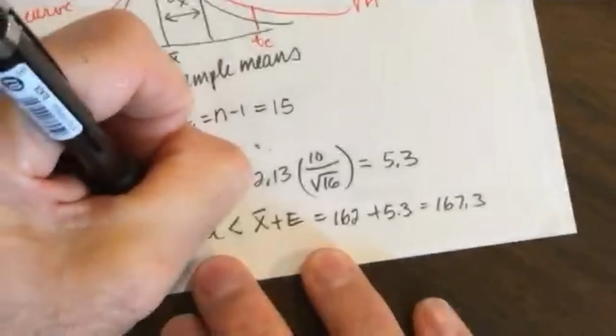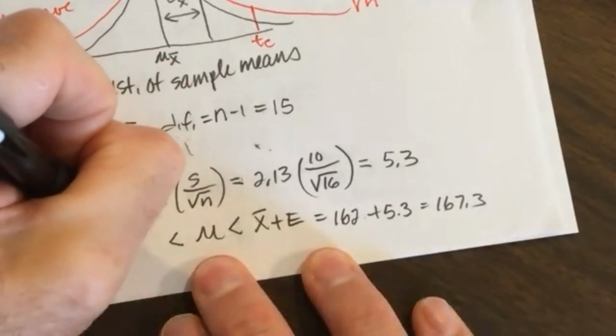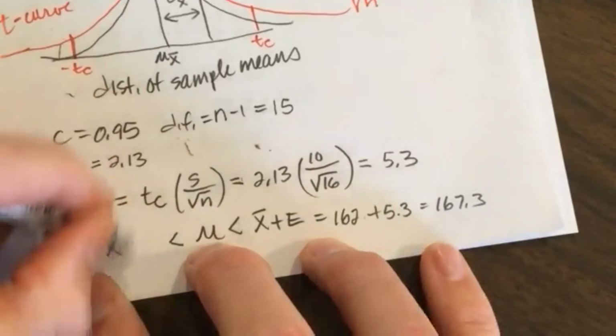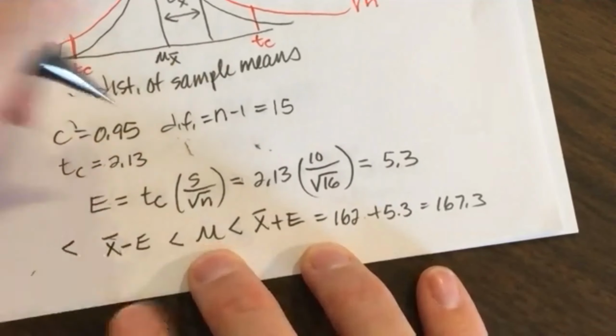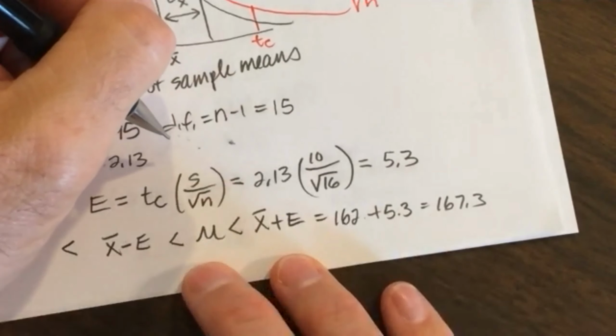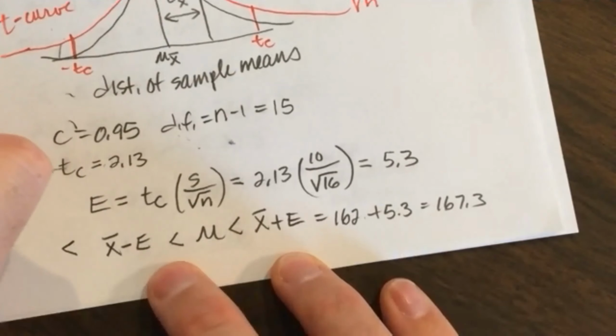And it's going to be greater than our sample mean minus our margin of error, which turns out to be 156.7.